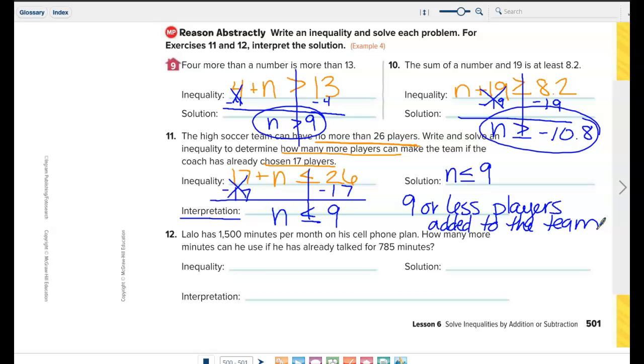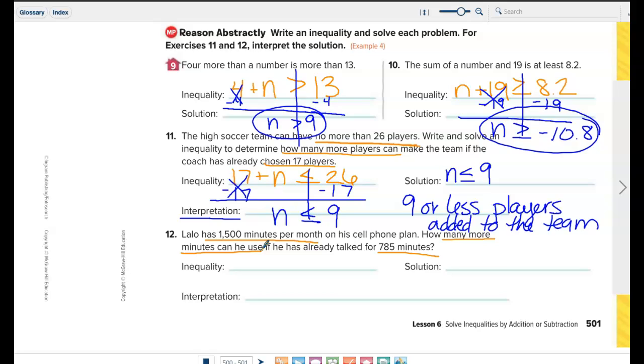All right, and number 12. Lalo has 1,500 minutes per month on his cell phone plan. How many more minutes can he use if he already talked for 785 minutes? Again, we're going to start off with what we know. He can have that many per month. He's already used 785. We're trying to figure out how many more he can use.